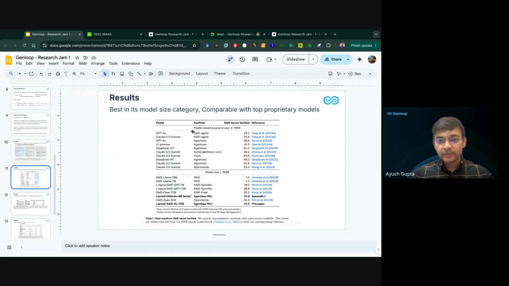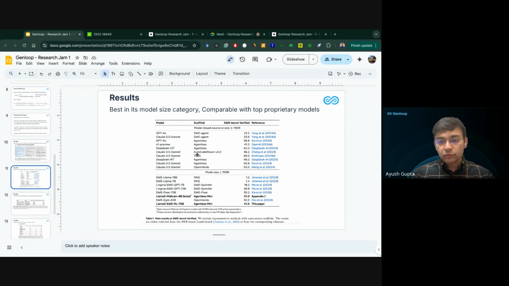Compared with this, it was comparable to O1 Preview and DeepSeek V3, and poorer than 3.5 Sonnet with different scaffolds. Scaffold is basically the agentic architecture that they were using. DeepSeek R1 was better, and Claude 3.5 Sonnet with Agentless or OpenHands was better.